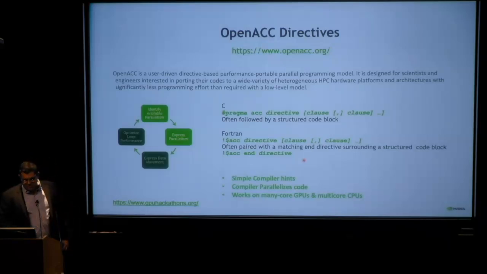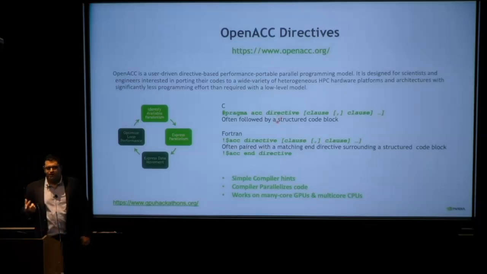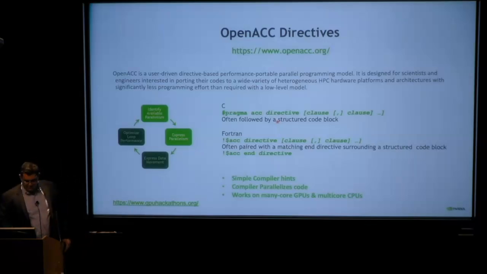And so you essentially provide these directives here. For example, you provide these pragmas, ACC directives, and it's often followed by a for loop or double for loop or other kind of nested for loops that could be easily parallelized, other kind of hotspots in your code. The Fortran version of that same thing is shown here, where you have to essentially bound it with this directive and then the end directive.